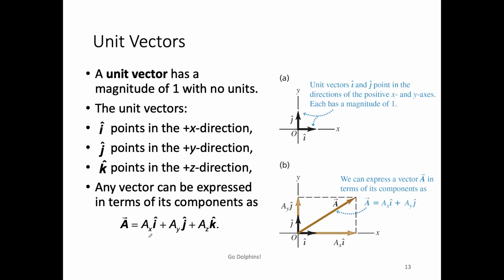So you can write a vector as the x component times i plus the y component times j plus the z component times k. In 2 dimensions, of course, we only have x and y components. So this is i, this is the magnitude of Ax times i, and the magnitude of Ay times j. If you add those 2 vectors together, it will give you A.